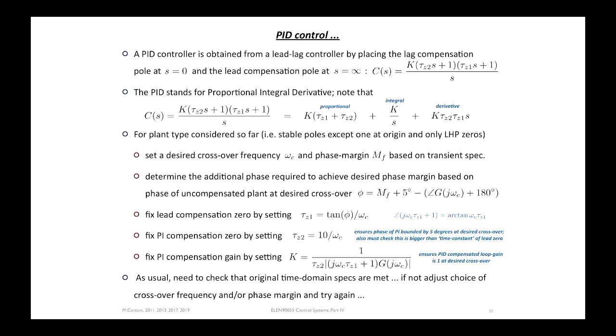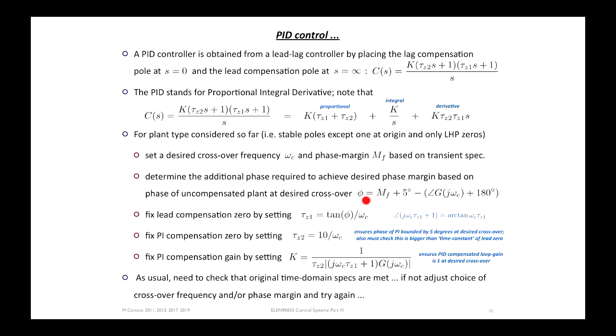Figure out how much additional phase is required to achieve your phase margin specification. In this case, this part is giving you the phase lead. This is going to give you the positive phase. This is part of a lag compensator, so together these things are always going to give you negative phase.